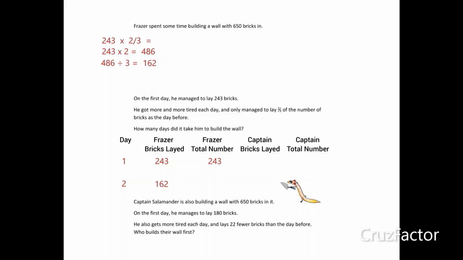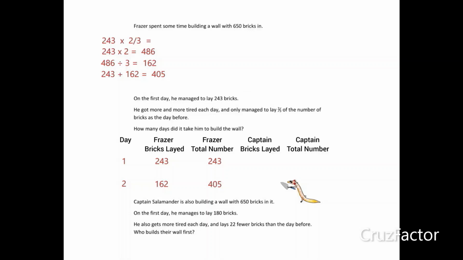Now what you're going to do is take the 243 total number from day one, add that to the 162 for day two, and then you get an answer of 405 total number of bricks put down for day two. That's what you're going to do for Fraser here.